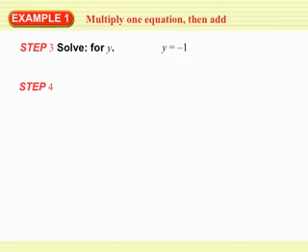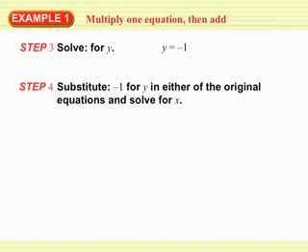Now I need to plug that y value back into either equation, doesn't matter which one, to solve for x. I'm going to pick the second equation, and notice I'm using the original form of the second equation. I could, in fact, use the resulting equation after I had multiplied through by -3, because those two equations will have the same solutions.